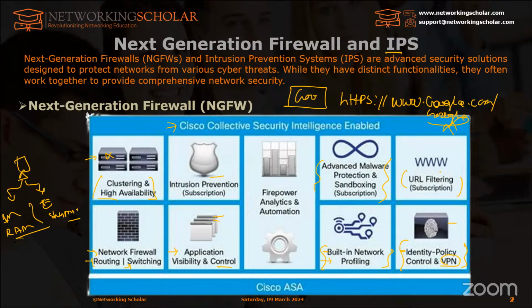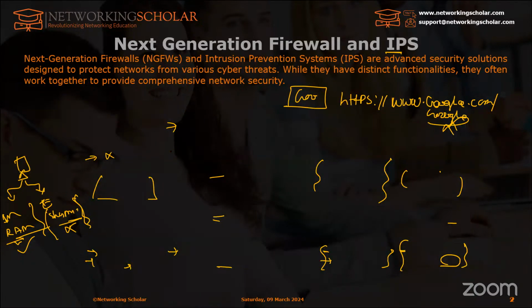Suppose Ram is allowed to go everywhere, and Shyam is only allowed to go to some specific sites. It will check the user identity as per the requirement and the policy, and it will allow Ram to go everywhere, and allow Shyam to go only to specific URLs allowed by the administrator. These kinds of things are done by the next generation firewall, using the feature called identity awareness.